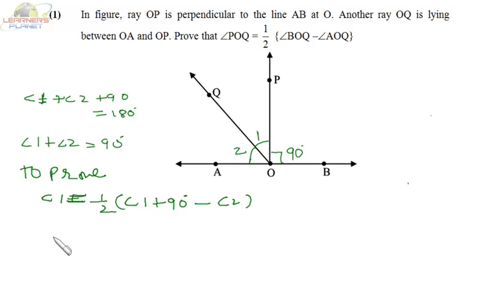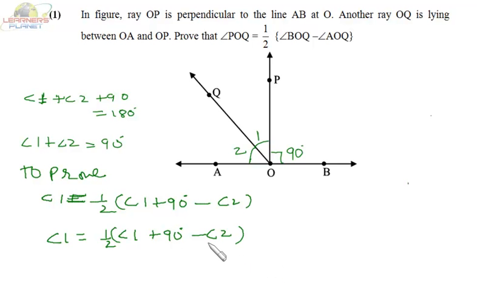That means we have to prove angle 1 is equal to half of angle 1 plus 90 degrees minus angle 2.